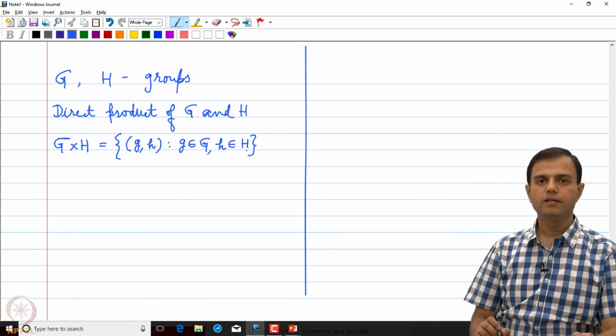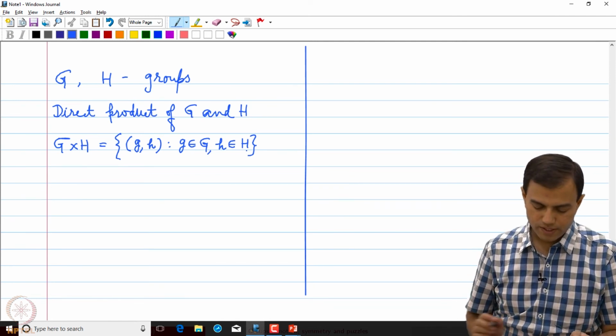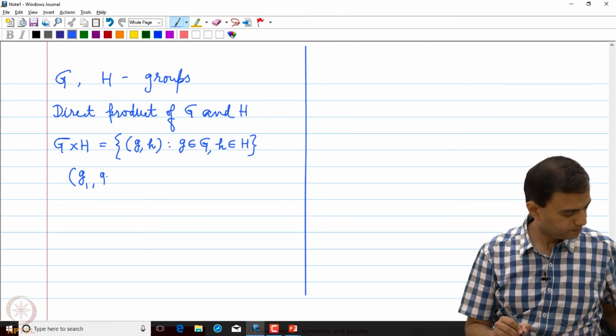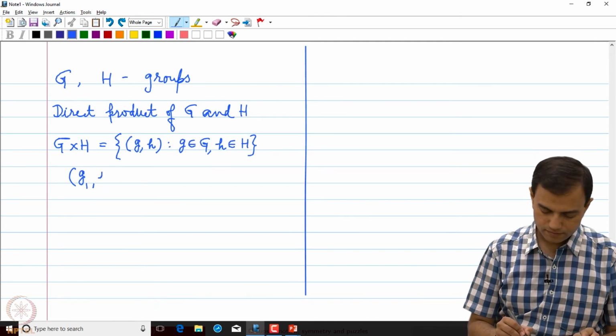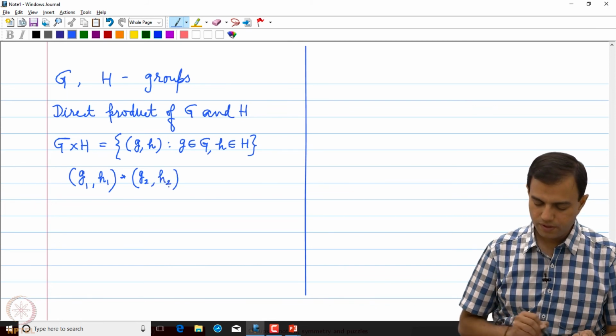Just like that, G comma H, so the G is in G and H is in H, the Cartesian product. And how do we take the group operation? How do we multiply two elements from this? So this is one element G1 H1 and the other element is, say, G2 H2.